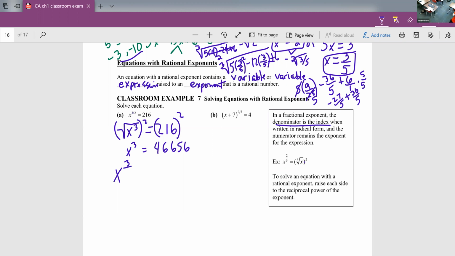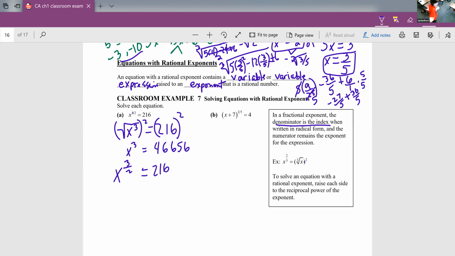This would not be a difficult problem if I could get rid of that fractional exponent, right? I mean, I want to know what x equals. Right now, x is being raised to a fractional exponent. I'd like to get rid of that. Now, think for a minute.